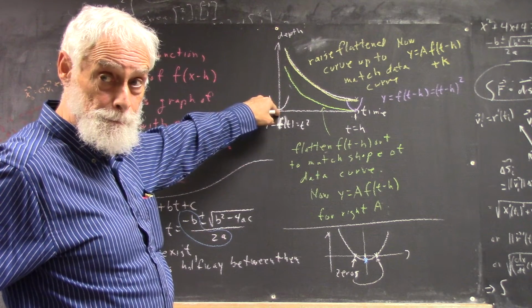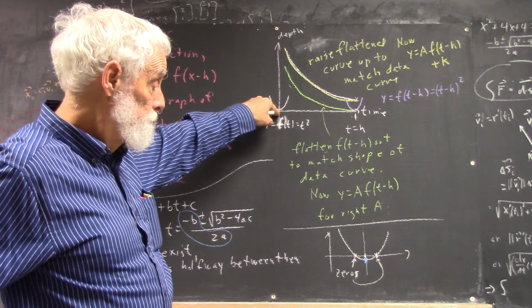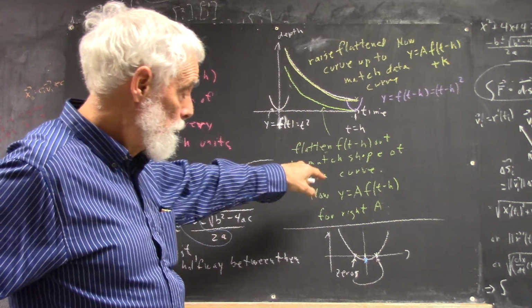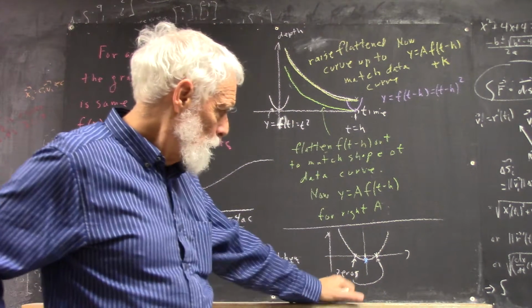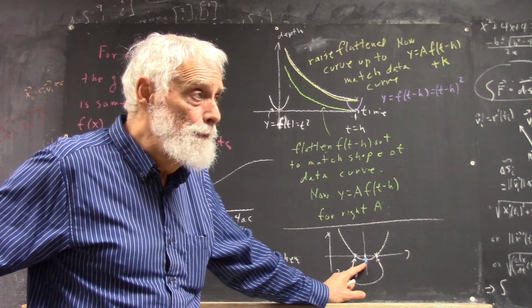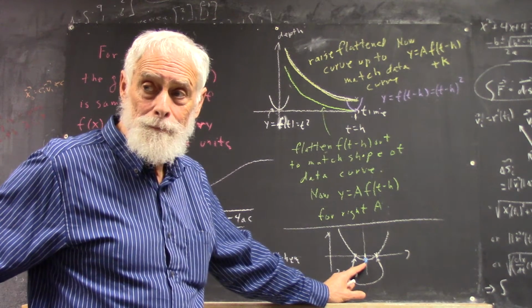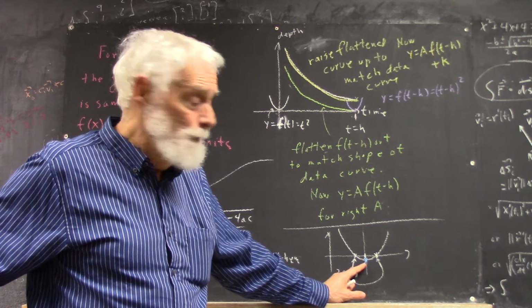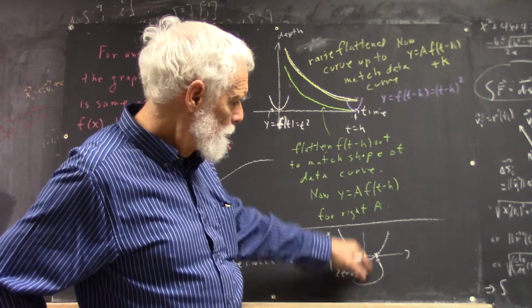Anybody know what's unique about this point of the parabola? And what's unique about this line?